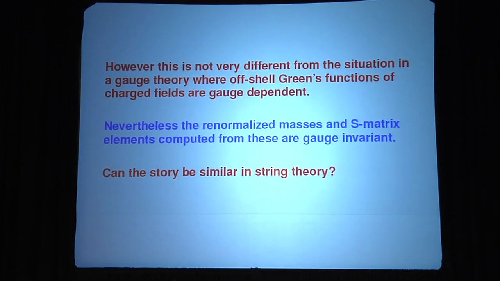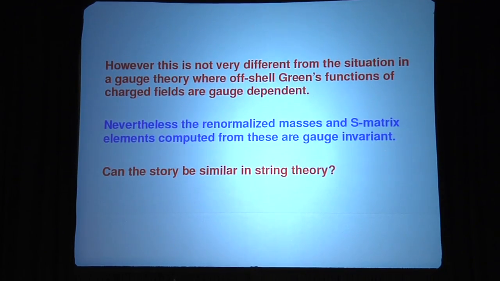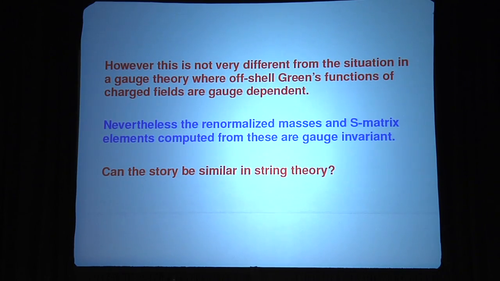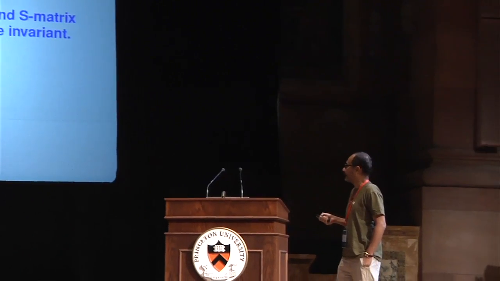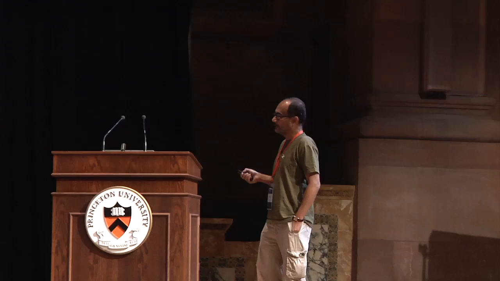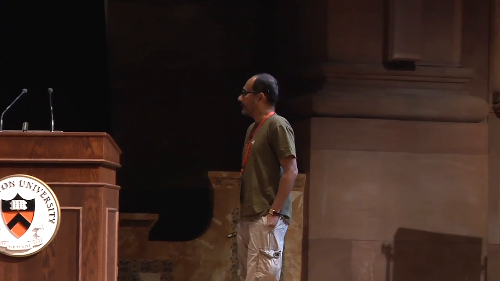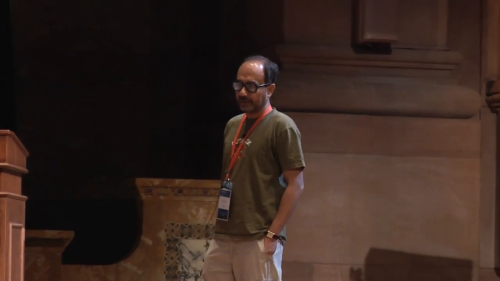But if one considers it a little more, one realizes that this is not very different from the situation in a gauge theory, where off-shell Green's functions of charged fields are indeed gauge dependent. Nevertheless, we know that in gauge theory, when we calculate the renormalized masses and S matrix elements, then they are gauge invariant. And one might ask, can the story be similar in string theory?